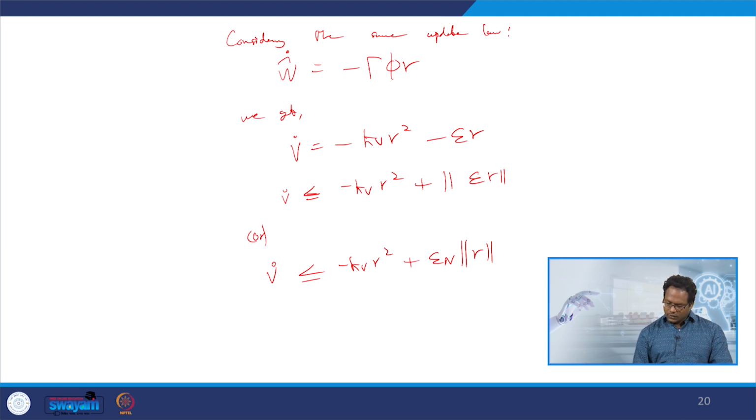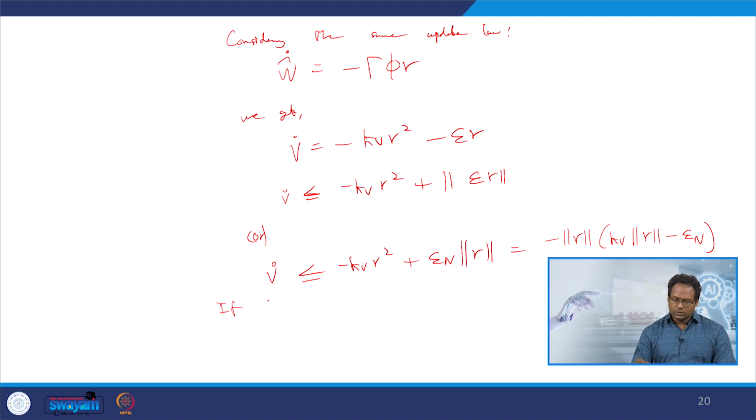Okay. So, this is equal to minus norm of r into kV norm of r minus epsilon n.